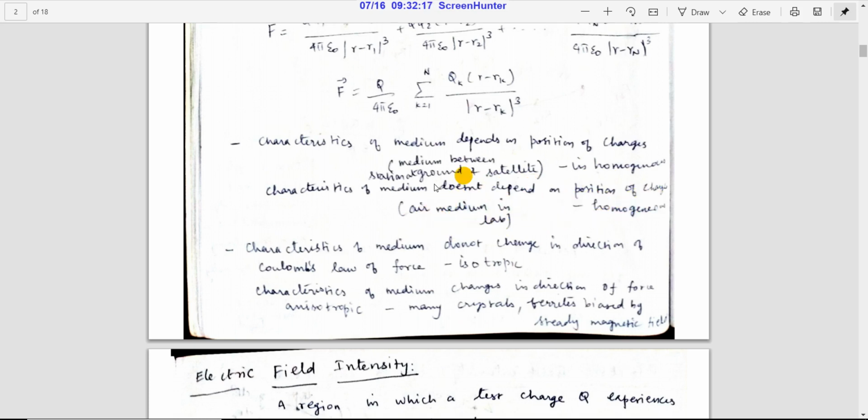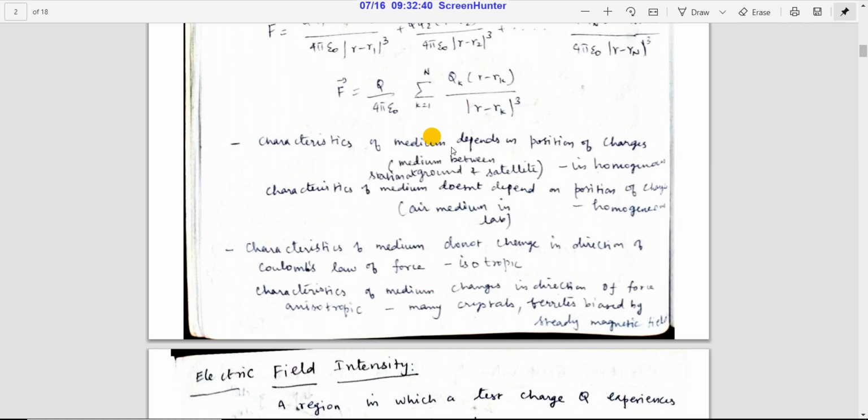For example, if you're dealing with the charges in the laboratory, then the laboratory has an air medium. So the position of the charges doesn't depend upon the characteristics of that particular medium, and so it is going to be a homogeneous medium.